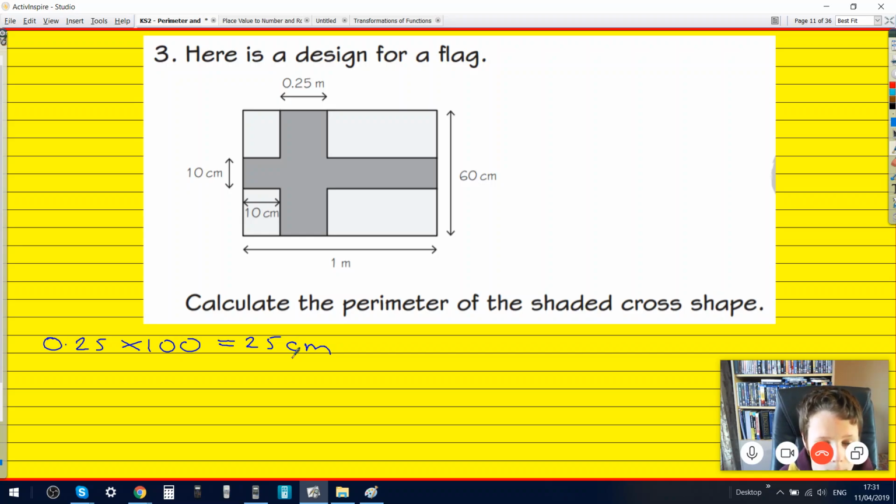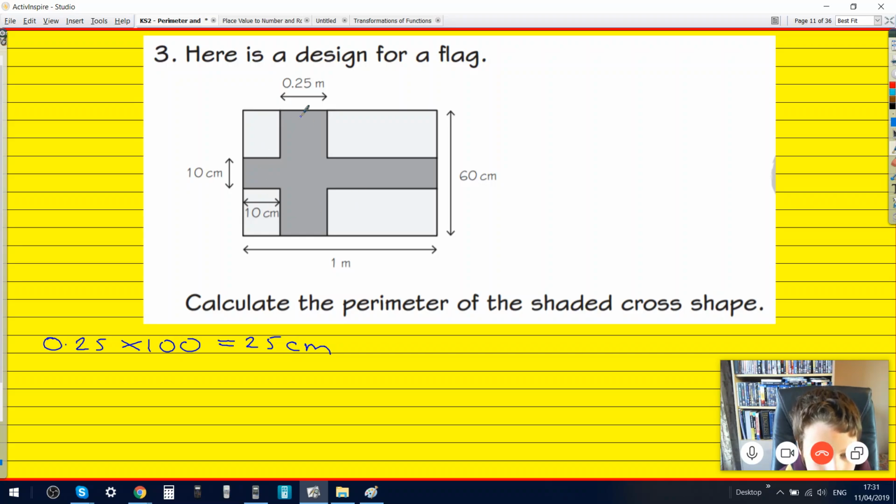Now, on both sides of the flag, there's a 60 centimeters, and on the opposite side of that, it's also 60 centimeters. But there's the 10 centimeters there already.